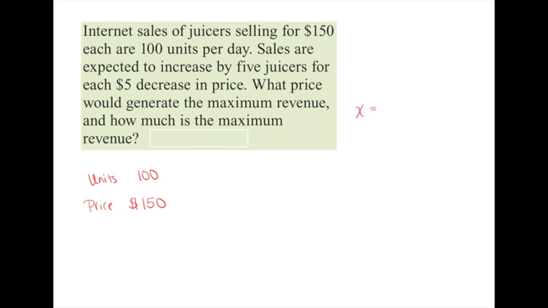So if X equals my number of $5 increases, then I would say units are going to go up. I'm going to sell 5 more for every $5, but my price is going to go down $5 for every $5. I will say what I did here is I divided a 5 out of everything because I can.